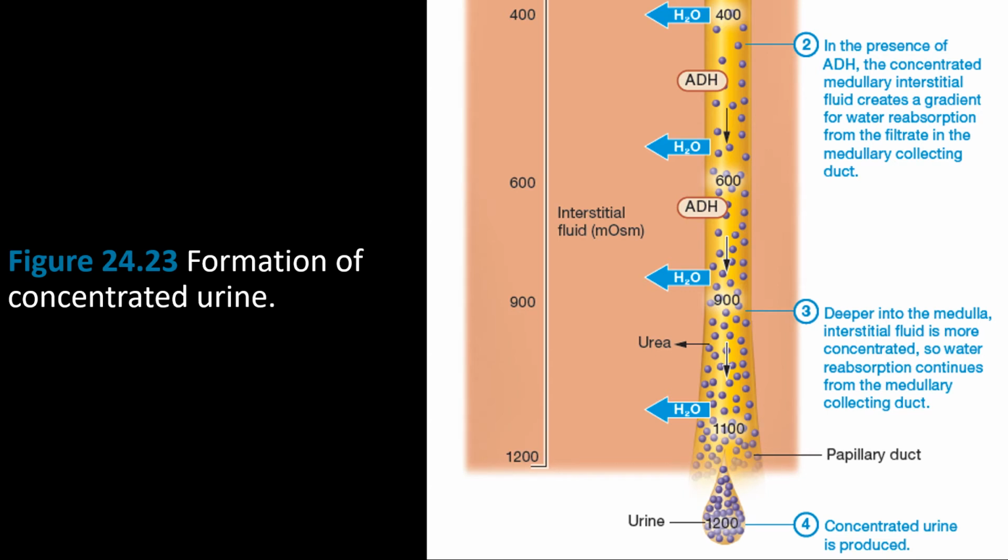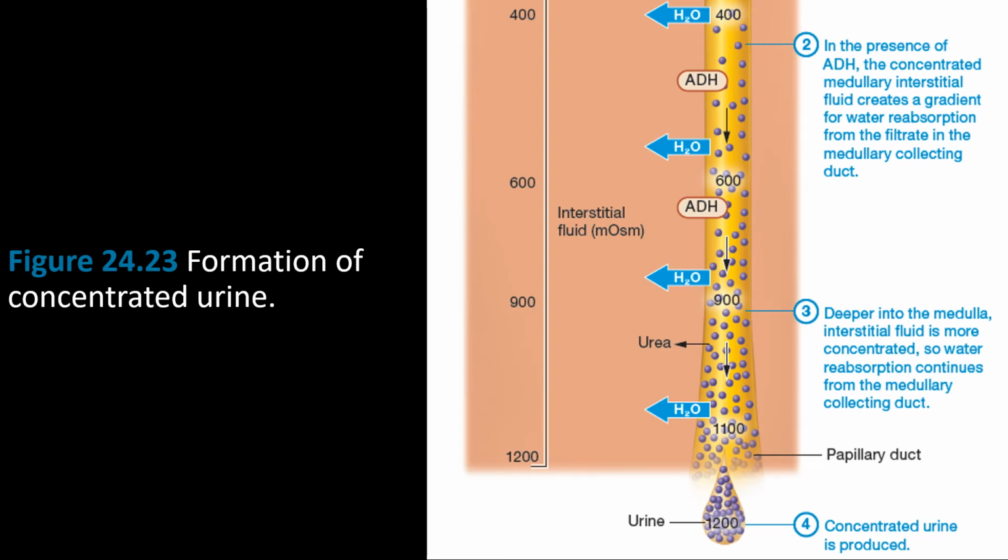Deeper into the medulla, this interstitial fluid becomes more concentrated, so water reabsorption continues from the medullary collecting duct. It continues because the interstitial fluid has become progressively more concentrated in the deep renal medulla. So more concentrated interstitial fluid, more intense water reabsorption.